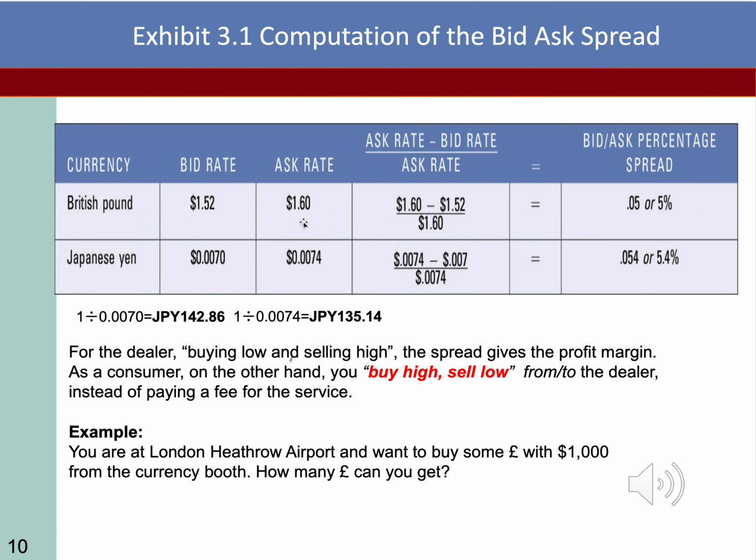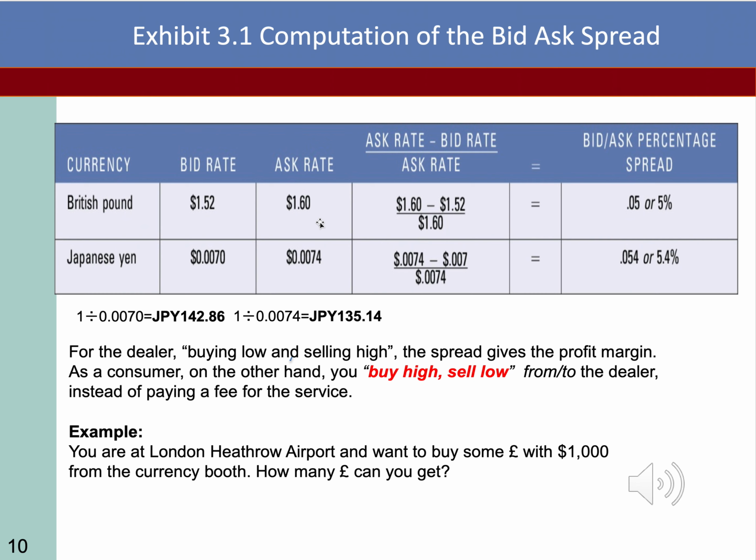For the dealers, because it's an investment activity, the normal rule of investment is to buy low, sell high. So if you want to buy from them, they charge you 1.6. If you sell to them, they give you 1.52.